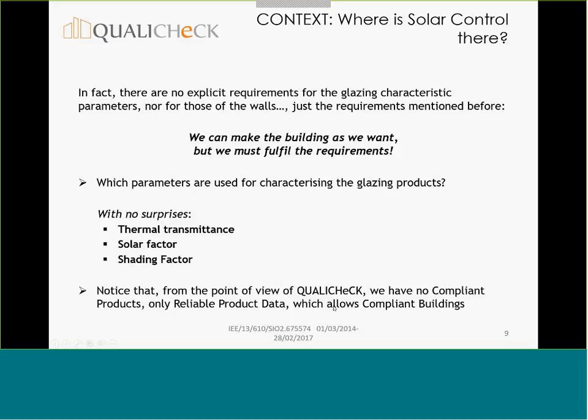We only need to have compliant buildings, and a compliant building includes compliant components, but in fact there is nothing to be controlled, except that the manufacturers must obtain the CE marking, and then the control is done by this CE marking. The elements must have their CE marking, and what is installed in the building must be what is declared in the project of the building.